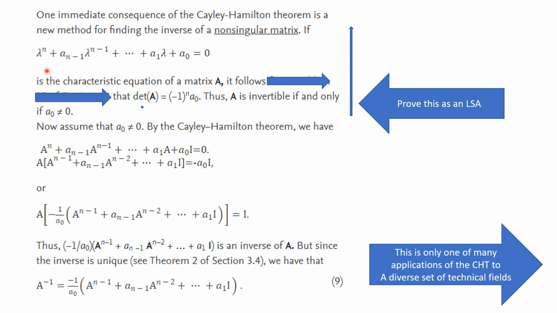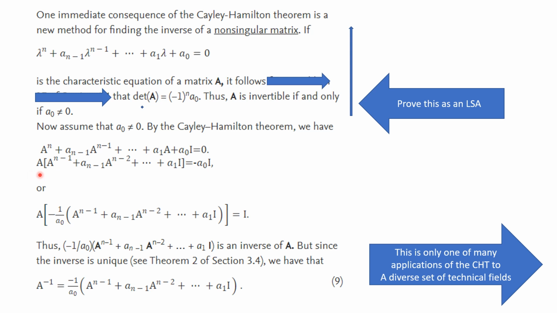So we are taking this to be the characteristic equation of A. Now, we know that a0 doesn't equal 0 because of the LSA that you're going to prove. So by the Cayley-Hamilton theorem, we know that A raised to the nth power, that is the matrix A to the n, plus a(n minus 1) A to the n minus 1, plus all the way down to a0 times I is equal to 0. Well, I can factor A out on the left.